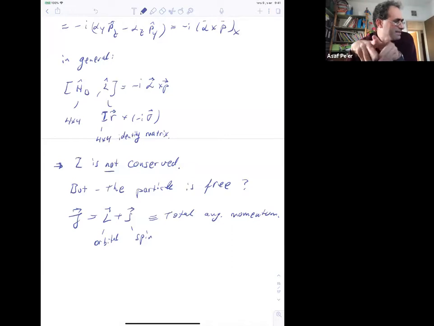I think I also asked you that in the last problem set. You don't have to do it, but if you want to, just review. It's a good idea to review your knowledge of angular momentum and quantum mechanics in particular, because we're going to use it now.